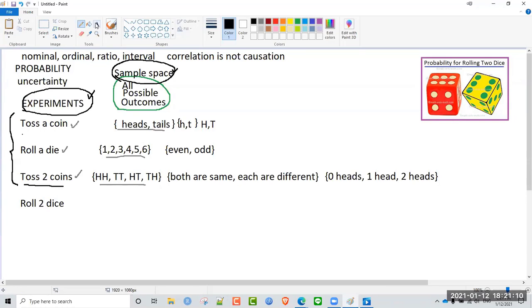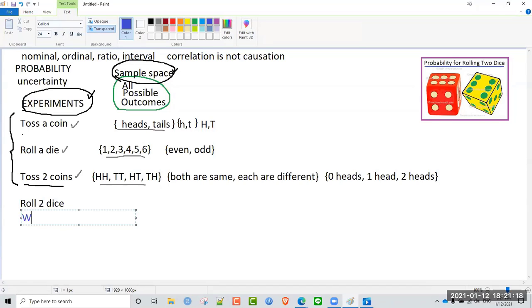Okay, now with this definition and this definition, let's think about some probability questions. So let's suppose that we say, what is the probability of getting heads?